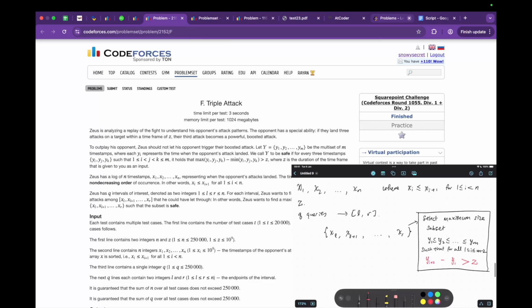And in the problem, we say that this is the condition for this multiset y to be safe. So basically we're given a subarray L to R, and then we consider this subarray as a multiset, and then we just select the maximum size subset that is safe. So this is the problem.